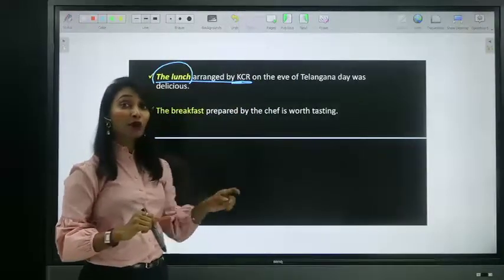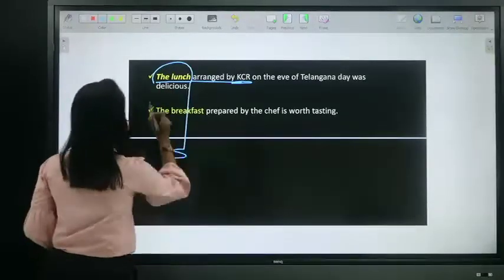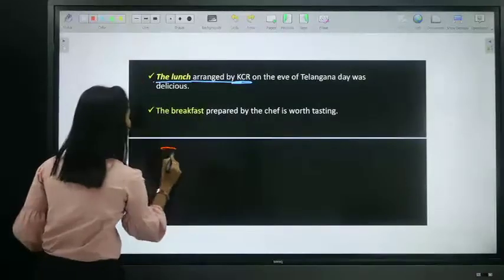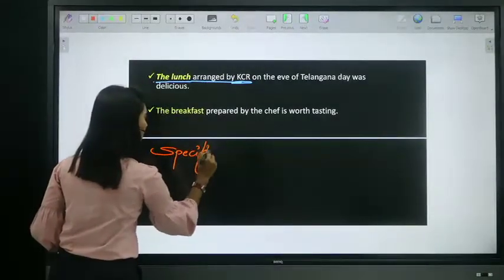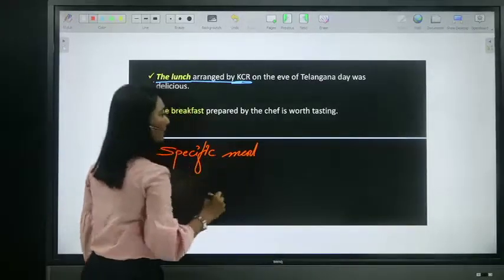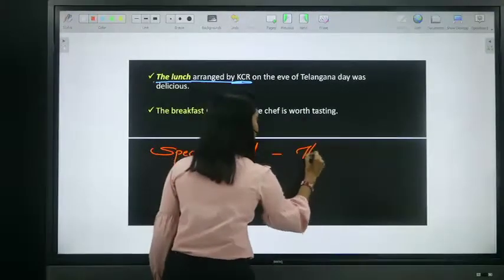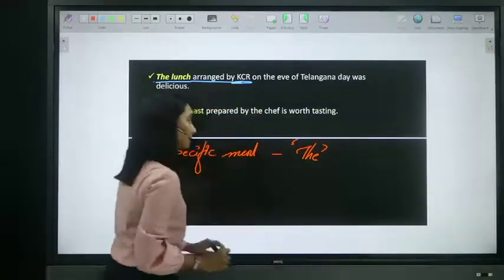We are talking about a particular lunch. In specific or particular meals, when we particularize or specify, use the definite article the only, not any other article.